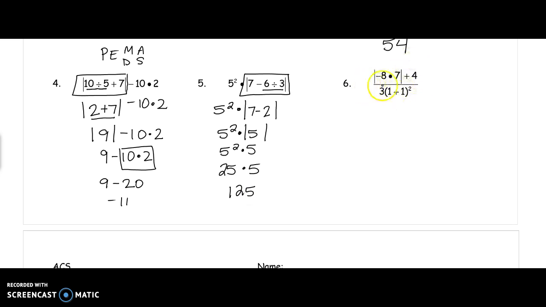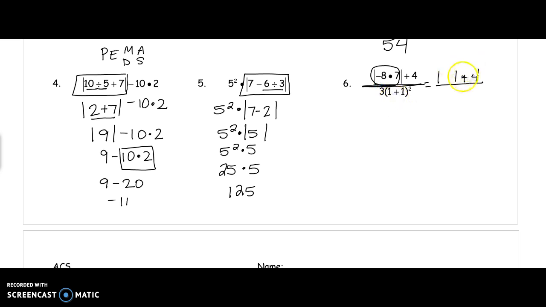In problem number 6, we now have this bar. This bar means division, but we're going to do that at the end. So we're going to simplify the top, and then we're going to simplify the bottom. I'm just going to bring that bar over. I have the absolute value plus 4, because we have to simplify what's on the inside.